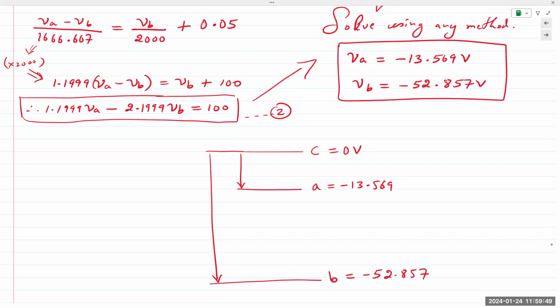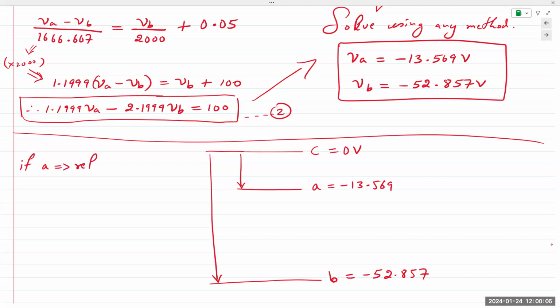If at the beginning of our analysis we chose A as a reference, what would our answers be? If A is the reference, then VA is equal to 0. What would be VC? Plus 13.5. The answer doesn't change.